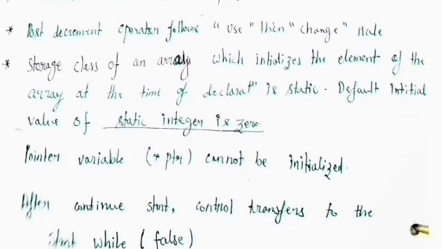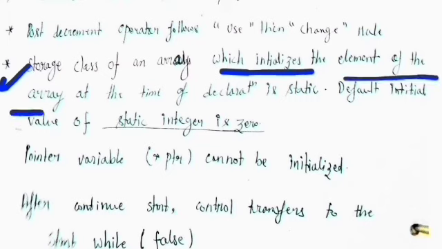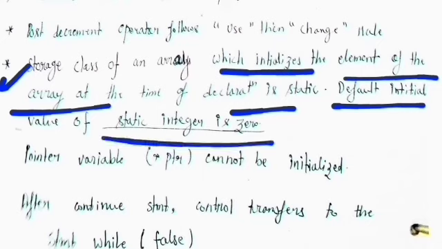Now the next point is the storage class of an array which is initialized with elements at the time of declaration is static. The default initial value of a static integer is 0.